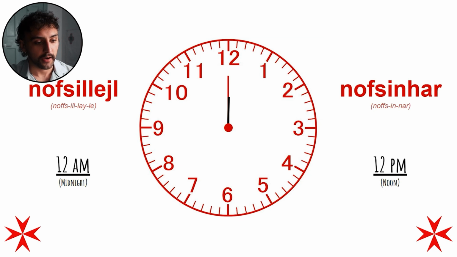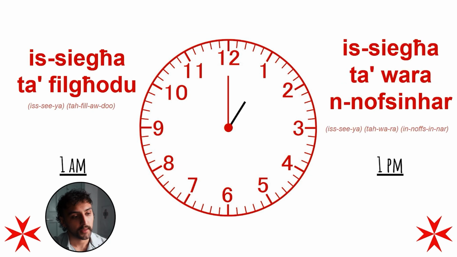Now let's take a look at how we say 1 o'clock. And actually, before I explain this to you, it's very important for me to mention that 1 o'clock and 2 o'clock and 12 o'clock actually, which we just looked at, are exceptions to the rule of reading clock time. In other words, they're said differently than the numbers themselves because the number itself isn't used.